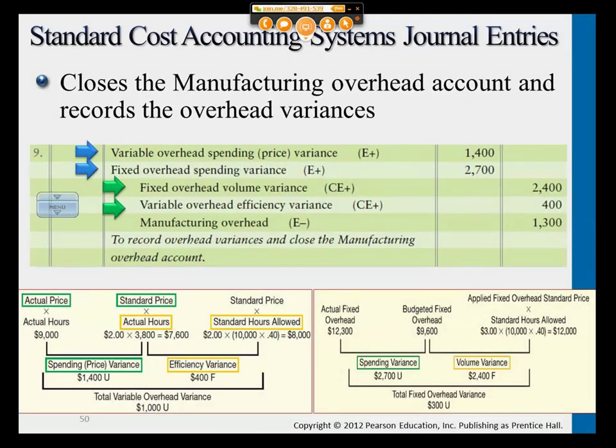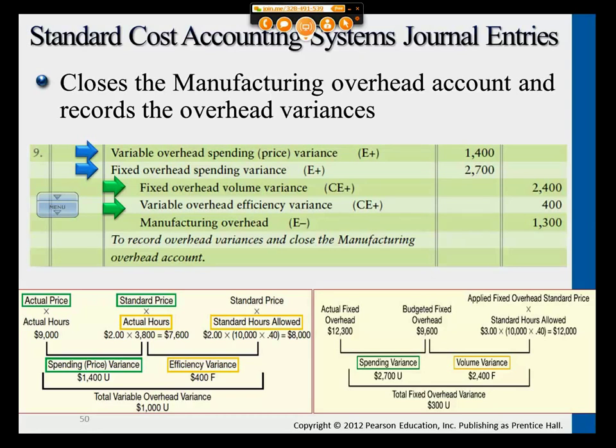not it. Now let's look at the closing entries. How do we close the manufacturing overhead account and record the overhead variance? All right, so this is quickly for your illustration, of both tables, of both diagrams that I've given to you.